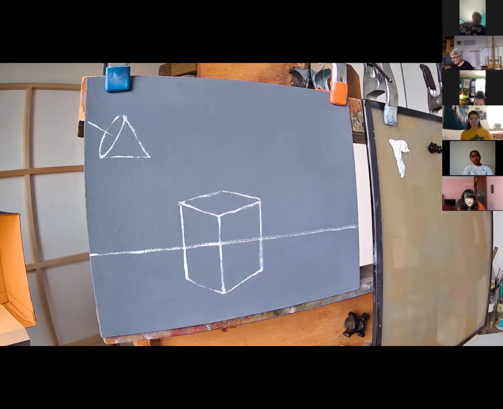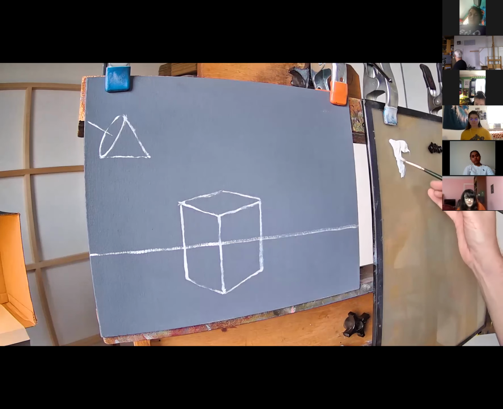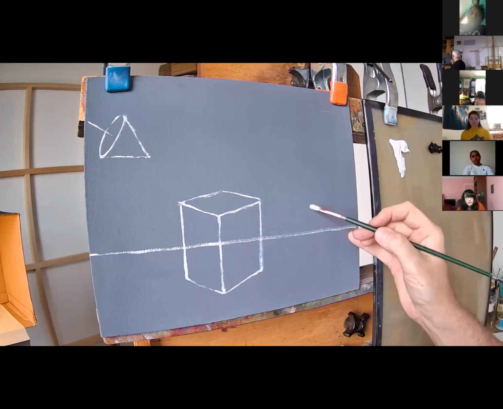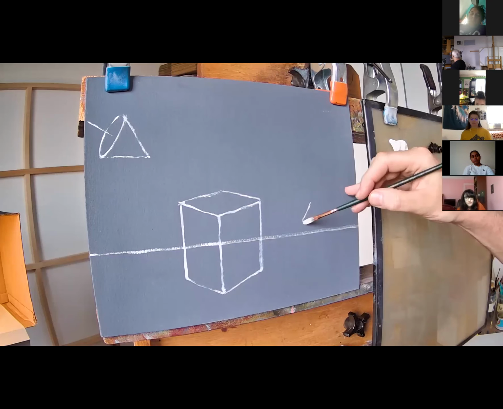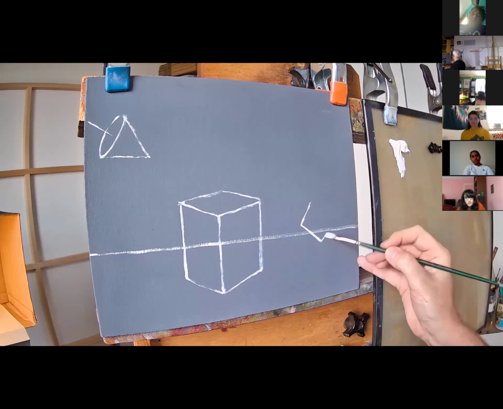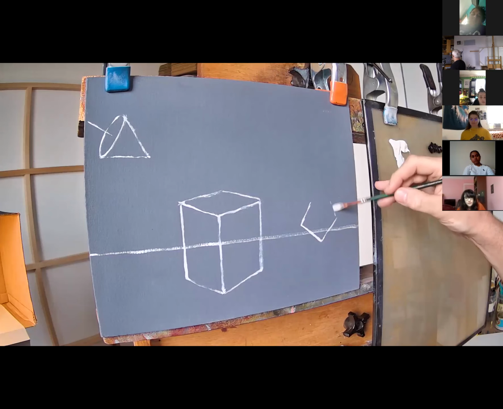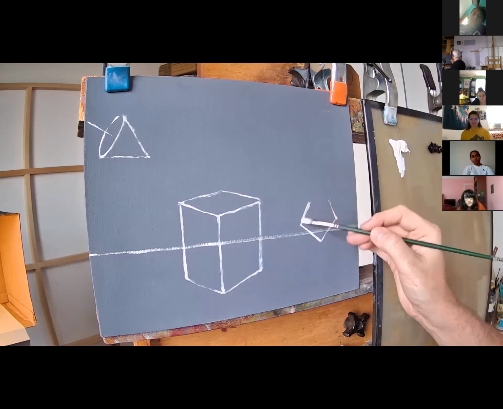I'm going to imagine a geometric form, but a more complex one. So let's see if I can draw this. I'm going to imagine a 12-sided object, which we call a dodecahedron.